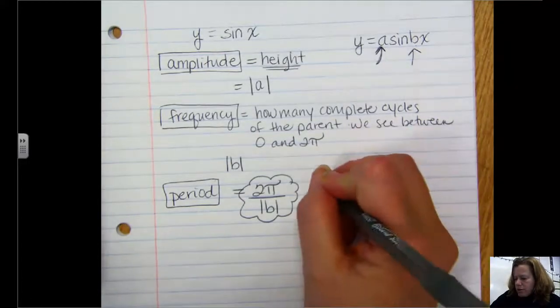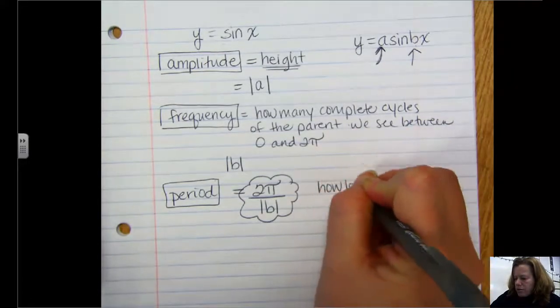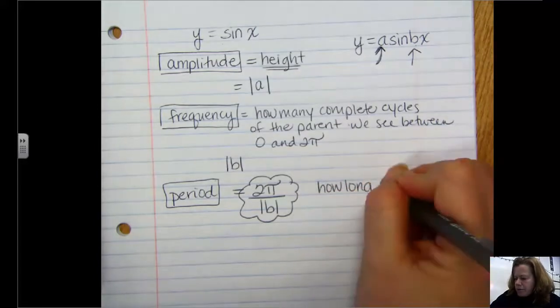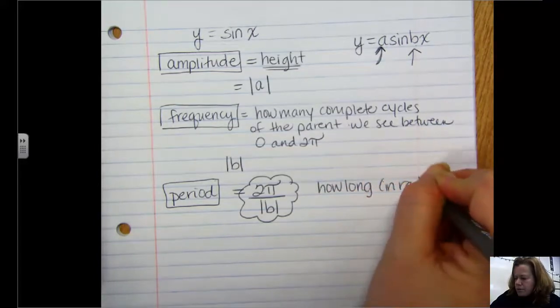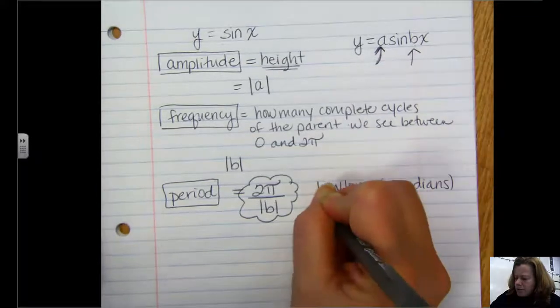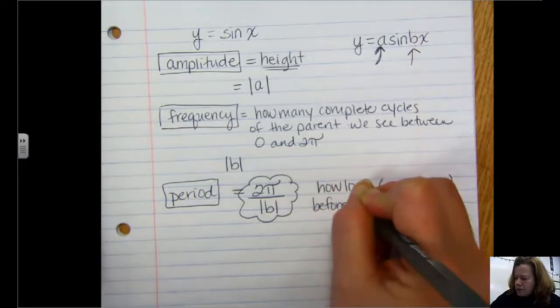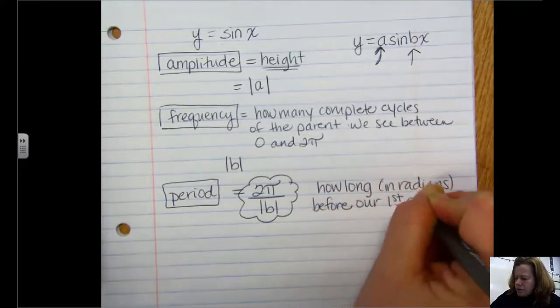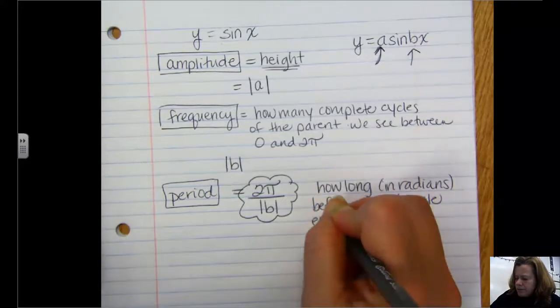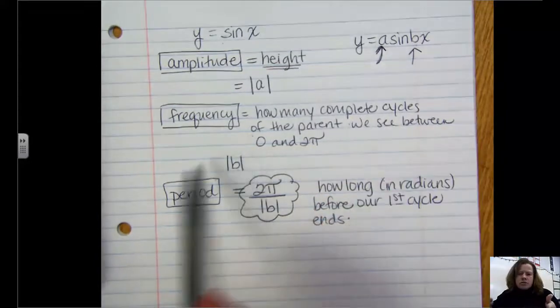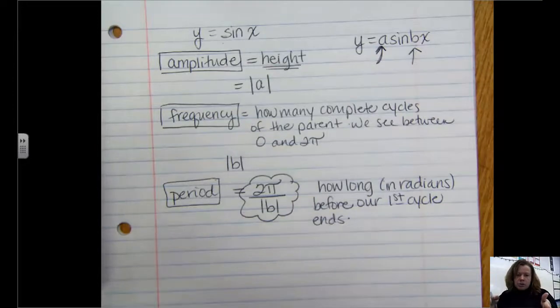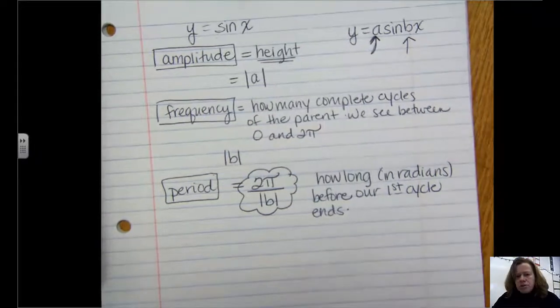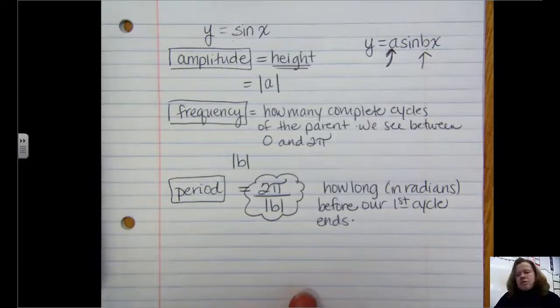So period is how long in radians before our first cycle ends. So frequency is always talking about the 0 to 2 pi window. Period tells us how wide our graph is, essentially, how long before the first cycle of our sine or cosine curve ends.